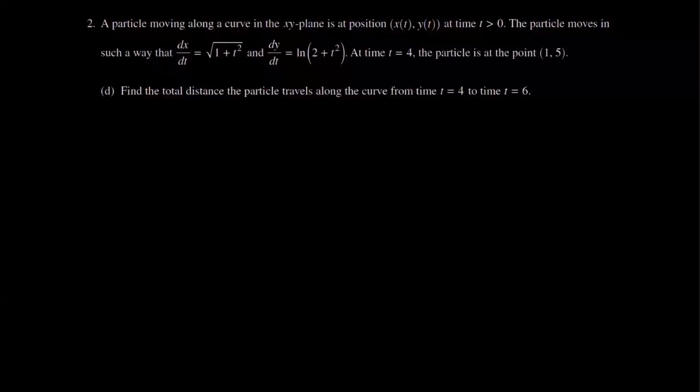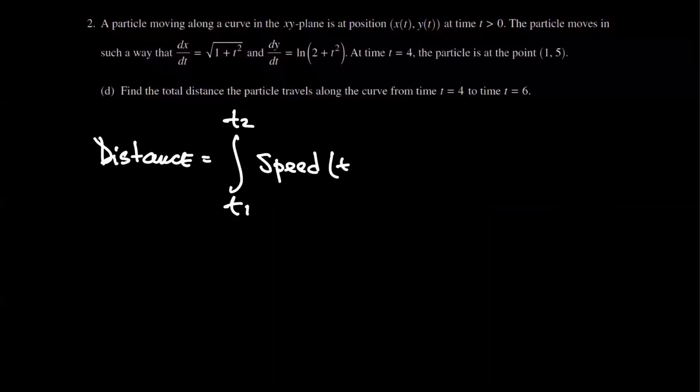In this question, we need to find the total distance that this particle travels along the curve from time t equals 4 to time t equals 6. And so let's recall that the distance traveled by an object between the times t1 and t2 is given by the integral of the speed as a function of time dt.